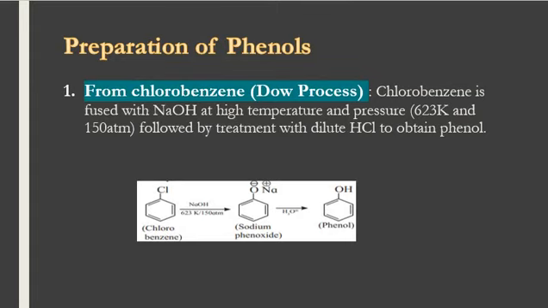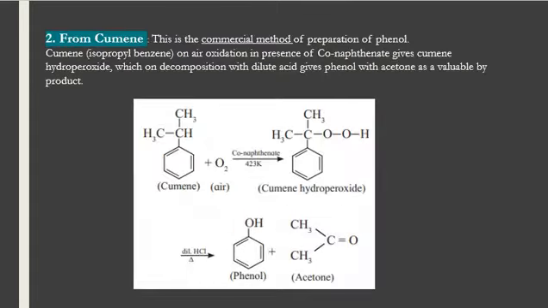Now the next process is the commercial method for preparation of phenol. For preparing commercially, cumene is used to prepare phenol.